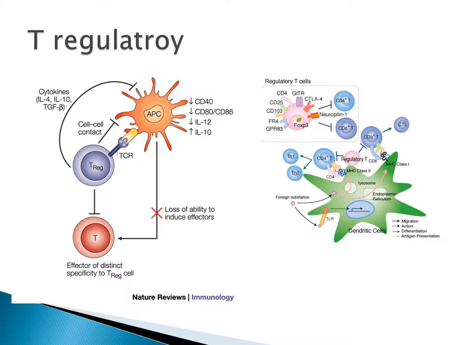And here we see that with the cell-cell contact, when it's connecting, asking the cell, it's sending these cytokines, which are IL-4, IL-10, and I forget actually what that acronym is, and suppresses the development of an antigen recognizing protein to ask another effector T cell, basically another immune cell, to activate, to react.